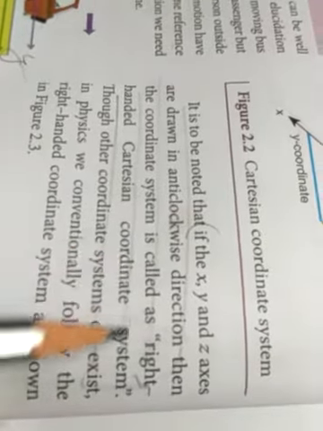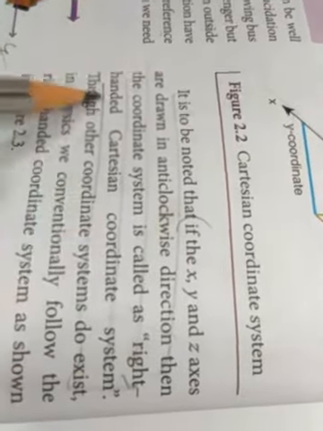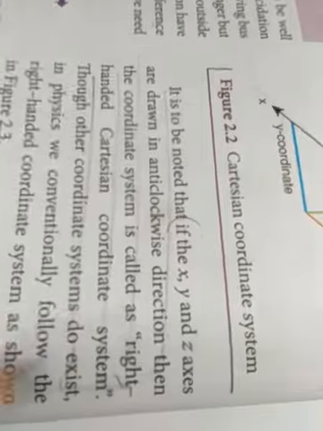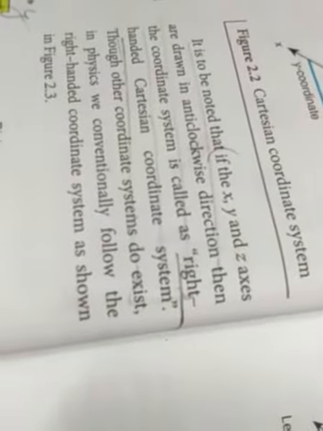The coordinate system is then called the right-handed Cartesian coordinate system. Though other coordinate systems do exist, in physics we conventionally follow the right-handed coordinate system.